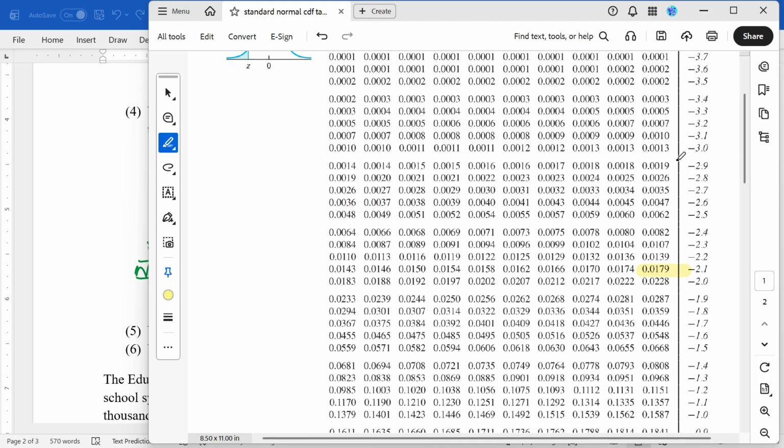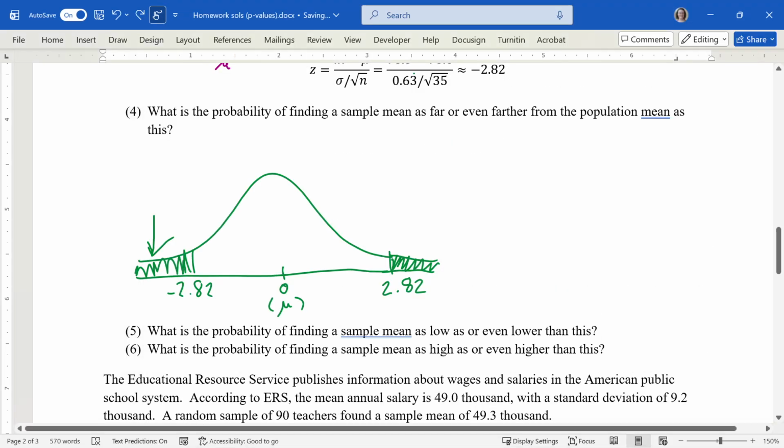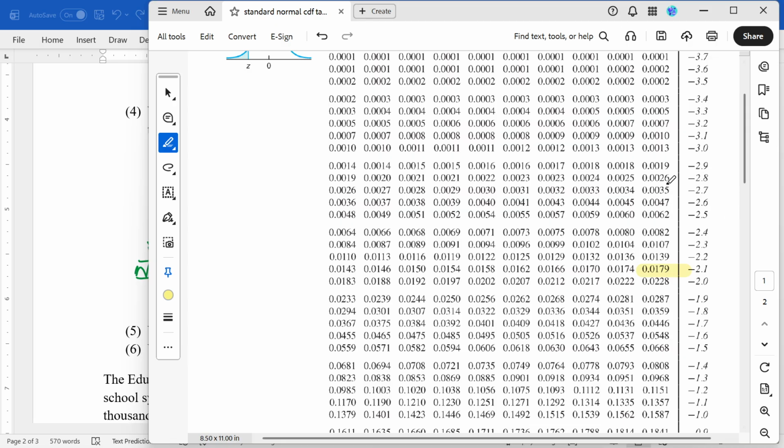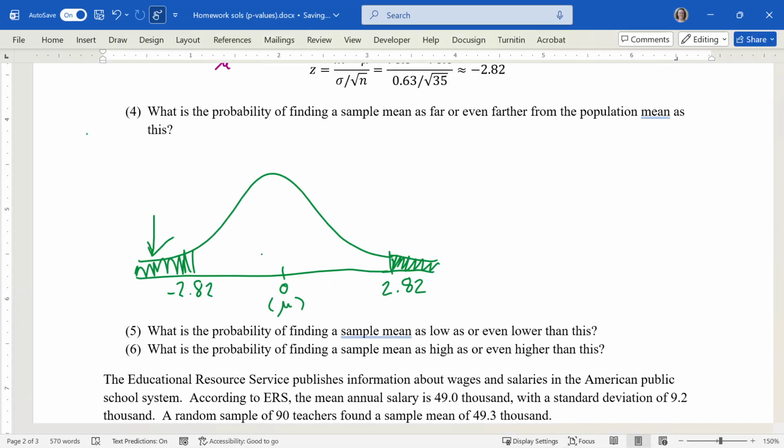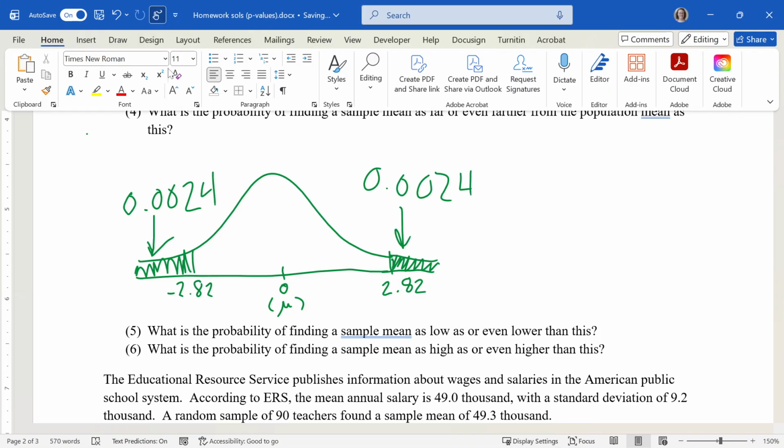So we're going to go here, negative 2.82, which will be 0.0024, and then that is also going to be the same area over here because of symmetry, 0.0024.